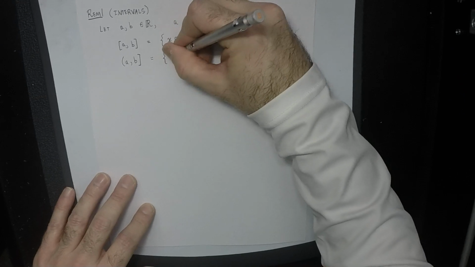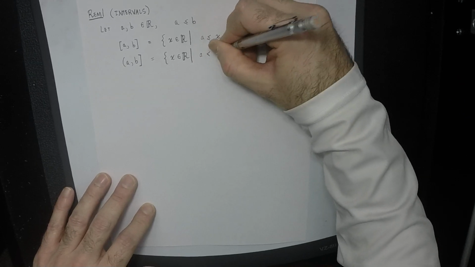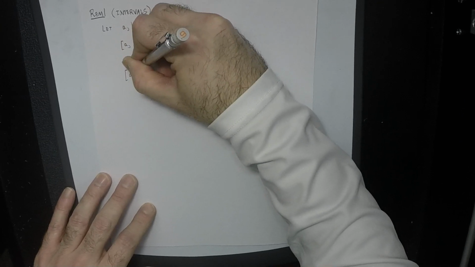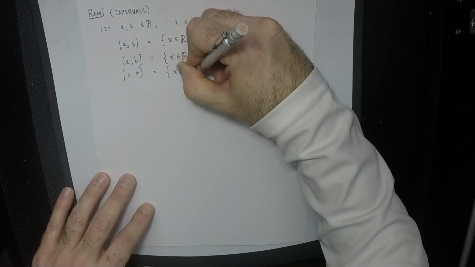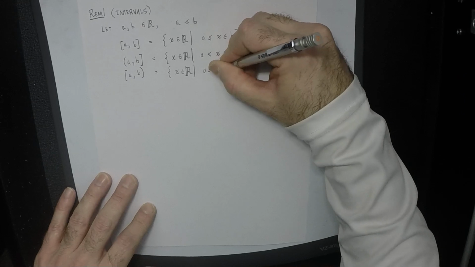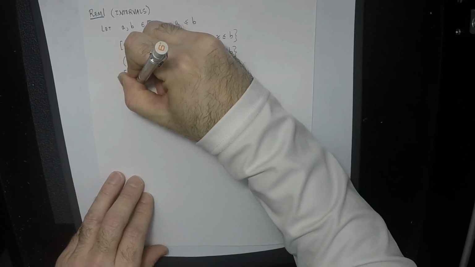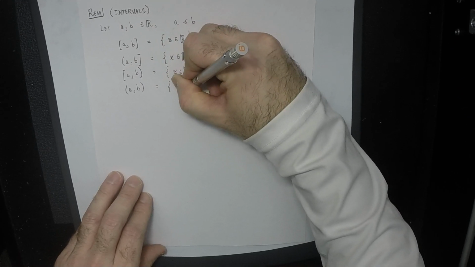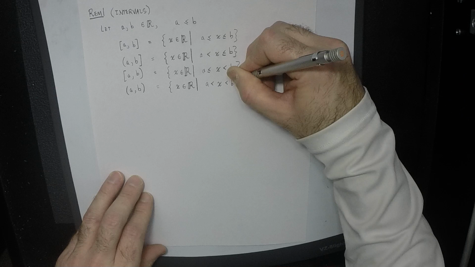So this is the set of all x in the reals such that A strictly less than x lesser equal B. The other way around, the set of all x in the reals such that A less or equal x strictly less than B. And finally, if they both have parentheses, then this is the set of all x in the reals such that A strictly less than x strictly less than B.